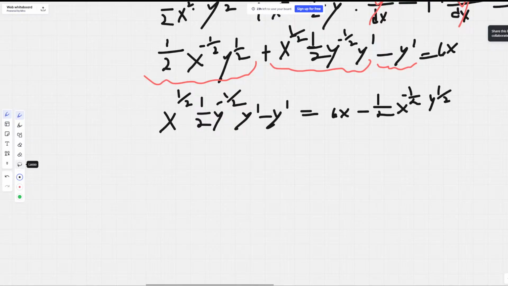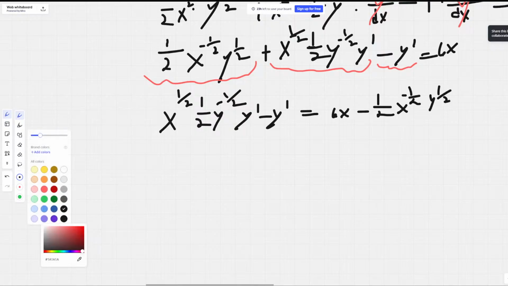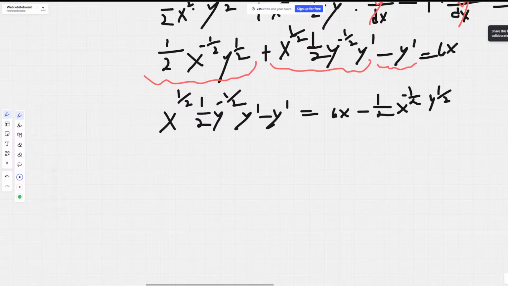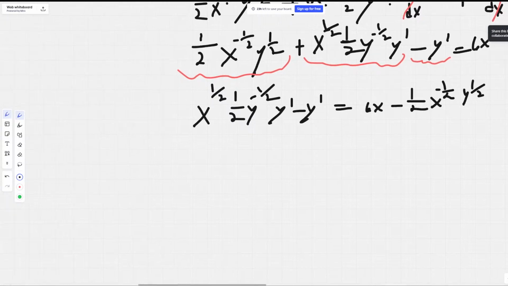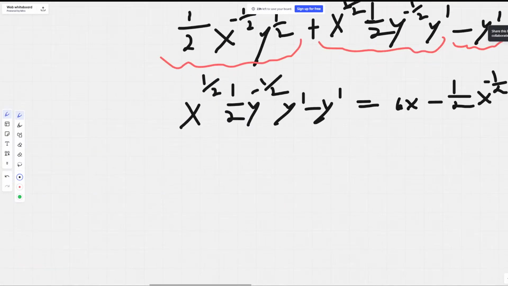See that? Okay. What am I looking at here?